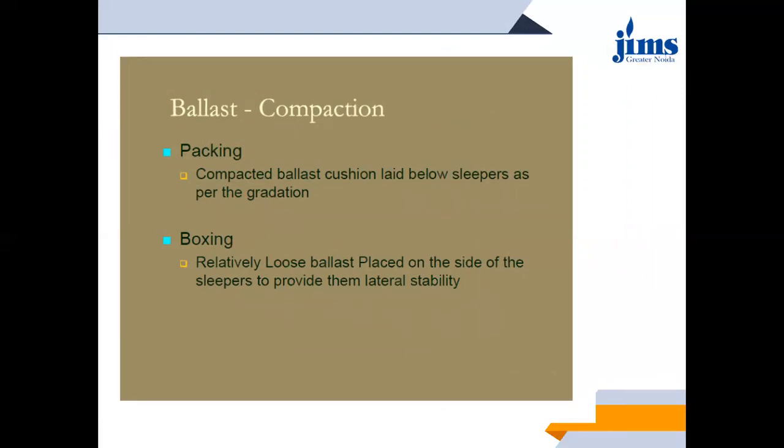Boxing is basically relatively loose ballast which is placed on the sides of the sleeper to provide lateral stability. So what you provide below the sleeper, that is packing. What you must have seen on the adjacent side of the sleeper, the shouldering done at the ends, that stacking you provide, the placing of that ballast is known as boxing.